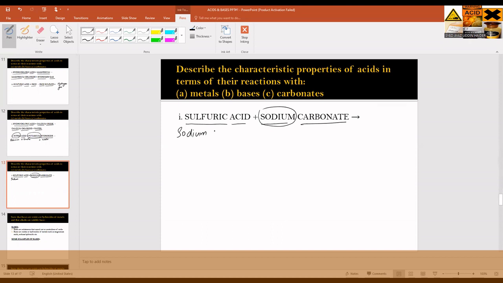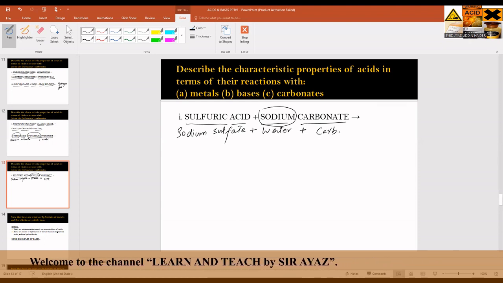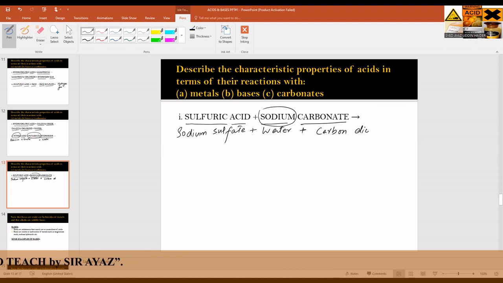So you will get sodium sulfate. And whenever you react metal carbonate with acid, you will get three products. Metal salt, I have just written the name of the salt, water, and carbon dioxide. So I will write water plus carbon dioxide.